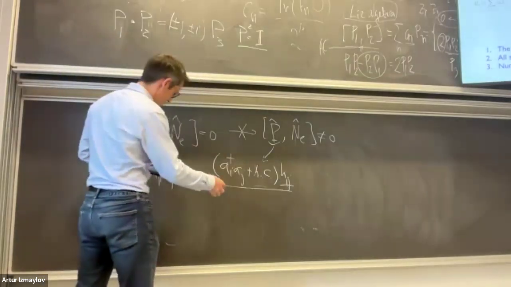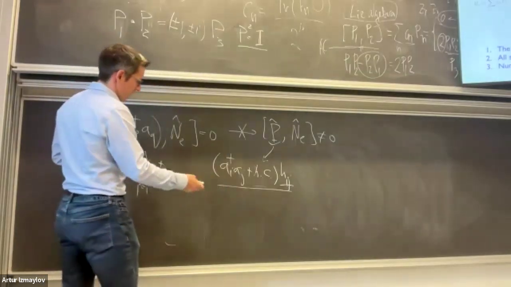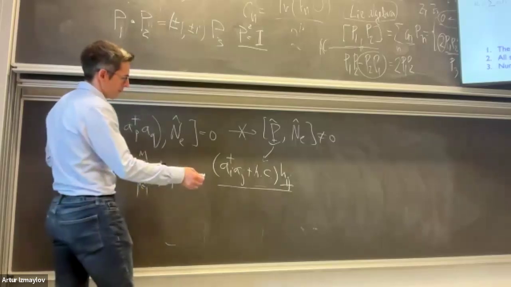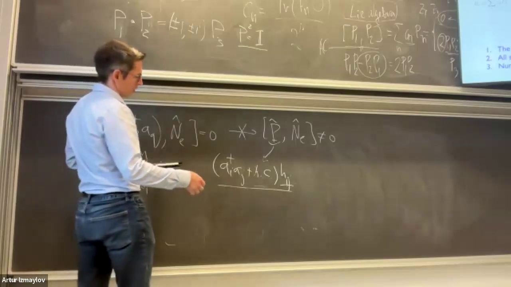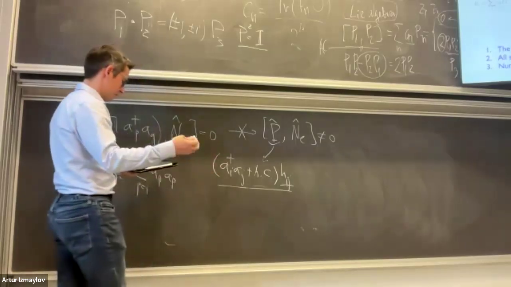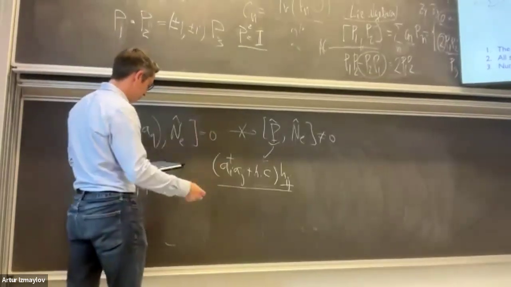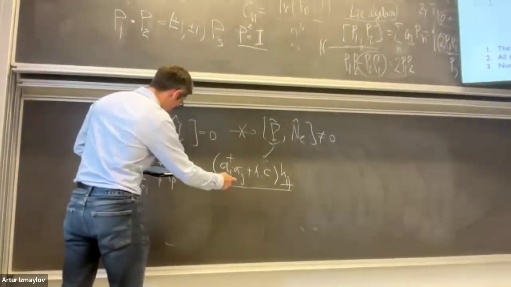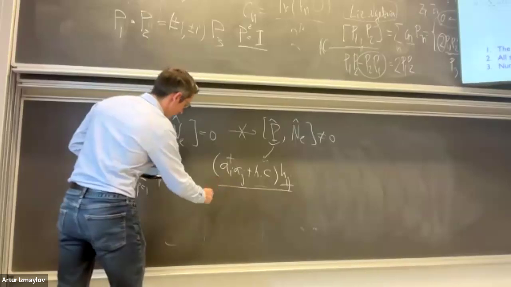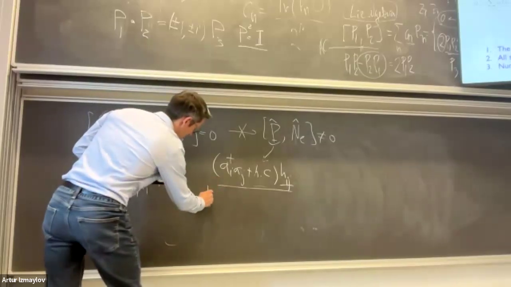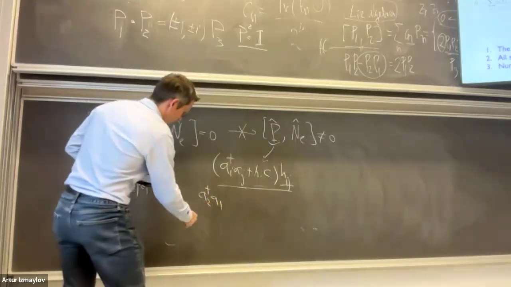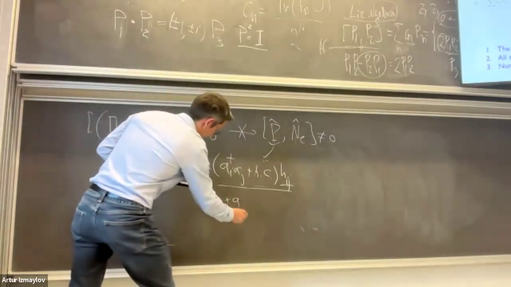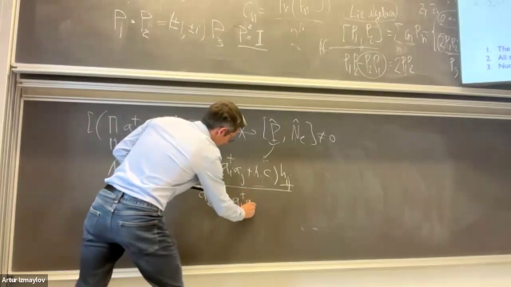It's a relatively straightforward exercise, and to make it somewhat simpler, let's take i and j close to each other, so that there are not too many Z's that will appear. To make it very simple, let's say it's a_2 dagger a_1, plus a_1 dagger a_2.